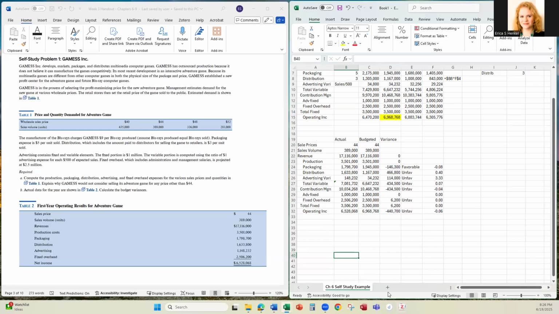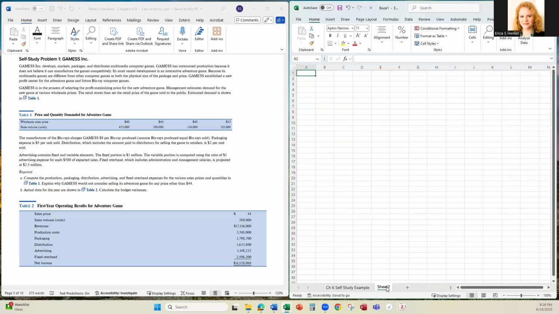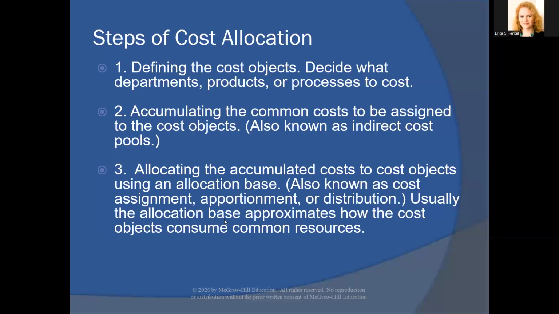Next, I'm going to look at a couple items here from chapter 7. Before I start talking about that example, I did want to go over a couple quick items from chapter 7. You can obviously read these in the textbook, but I wanted to call out what the process is of what we're doing here.